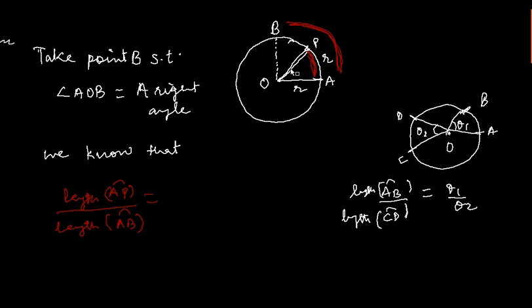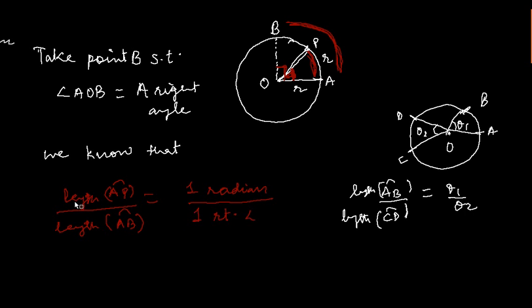Now what is the angle subtended by AP? This is 1 radian, the definition of 1 radian. And the angle subtended by AB is 1 right angle.